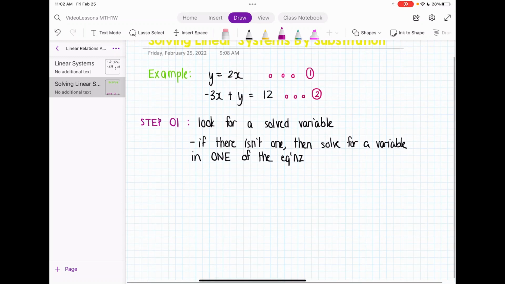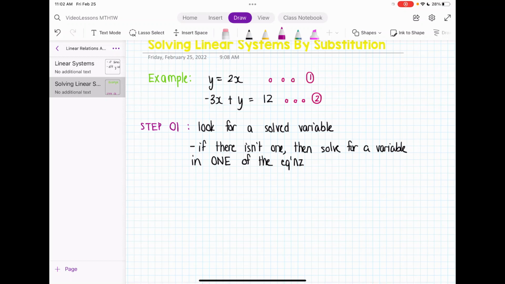Okay, so once we've done that, the next step is to substitute that value.